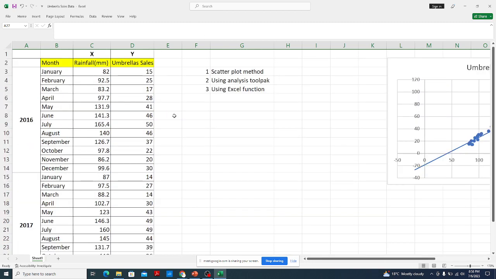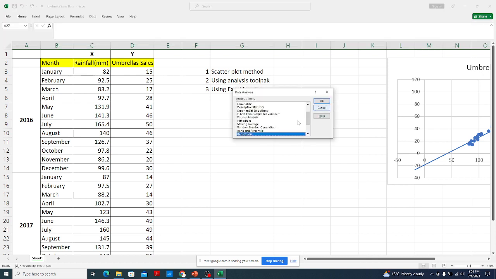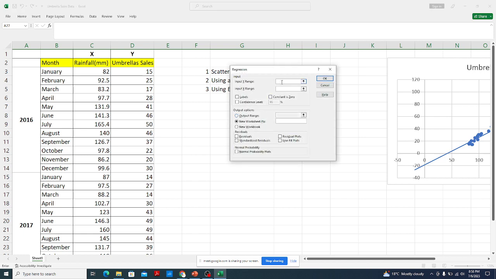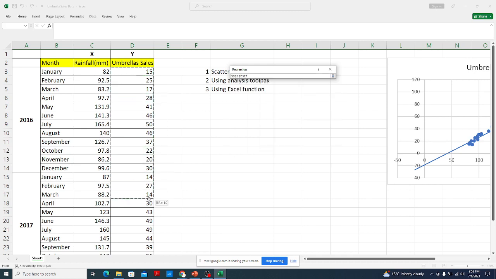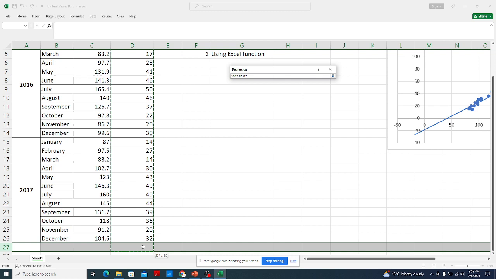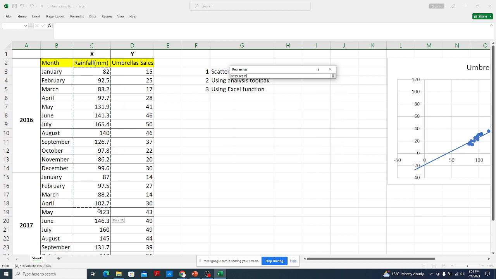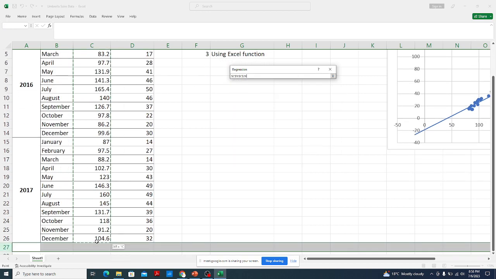So let me go back now to data, then data analysis, we have regression, then now we want to input our range. You are going to highlight your range, that is the y range. Then we also need the x range, so you'll come to the x range and highlight the data.